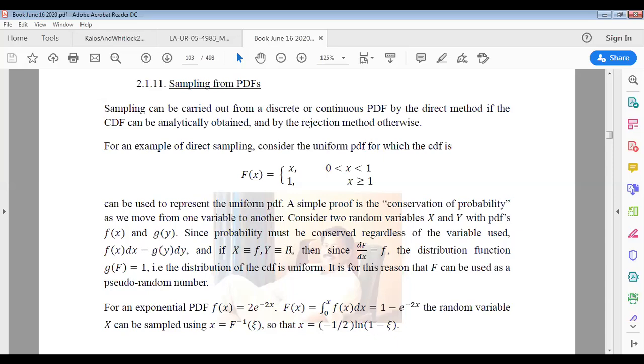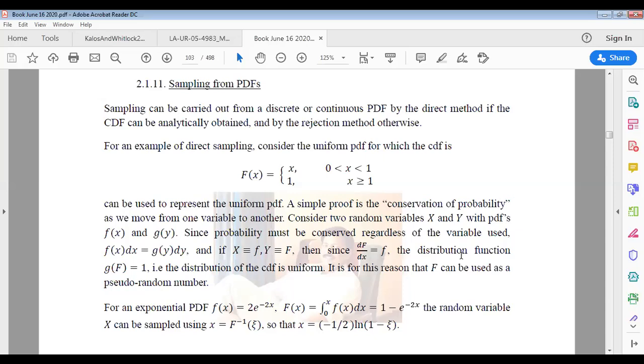That's quite smart, because there's a relationship. You know that capital F is the integral of small f dx over the limits, and since differentiation is the inverse of integration, d by dx of big F is small f. In words, it means that the derivative of the cumulative distribution function gives the probability distribution function.